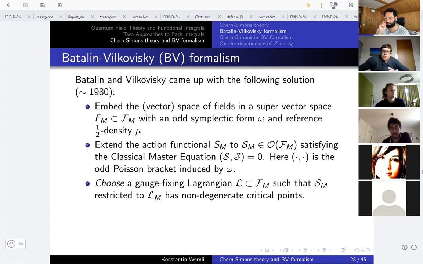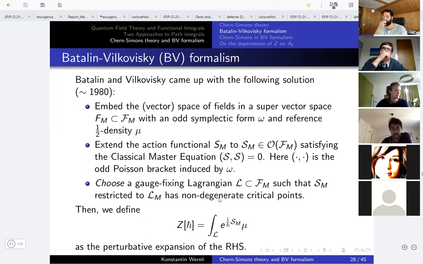And now what you do is you're choosing a Lagrangian inside this odd symplectic space such that the extended action functional restricted to this Lagrangian has non-degenerate critical points. These non-degenerate critical points are important because if we don't have them, we can't write down the perturbative quantization, because we can't write down the propagator, the inverse of the Hessian, and we can't have Feynman graphs.